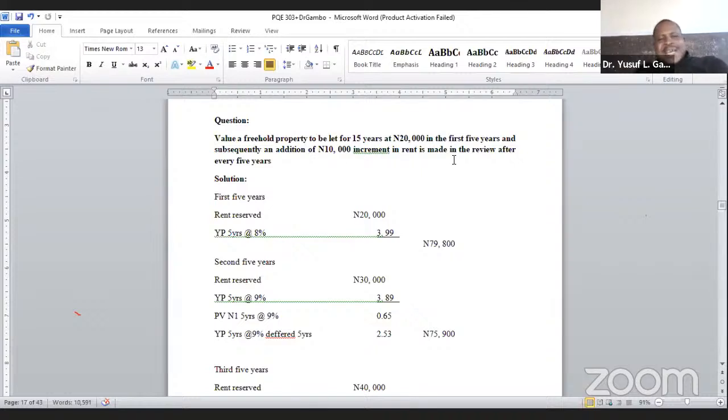It's the same thing as 2.53. So there's no need doing that. You just say YP deferred 5 years at 9%, it's the same thing. YP deferred is the same thing as YP single rate multiplied by PV at an appropriate rate. Have you understood what I'm saying?